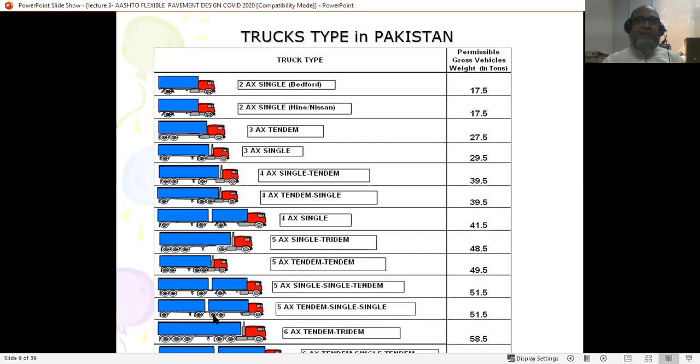Five-axle tandem means the tandem is the drive axle, and then there is a single axle, and another single axle. So there is 1, 2, 3, 4, and 5, and there is a single axle, making 6 axles. Then this is called single, tandem, and then this is a tridem axle. So on and so forth.